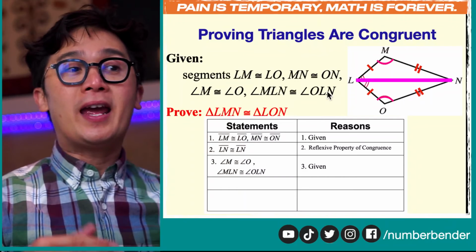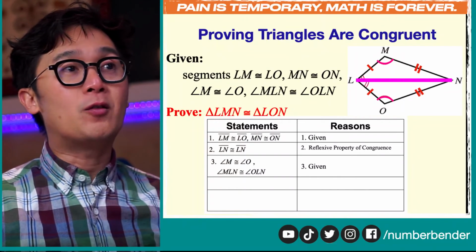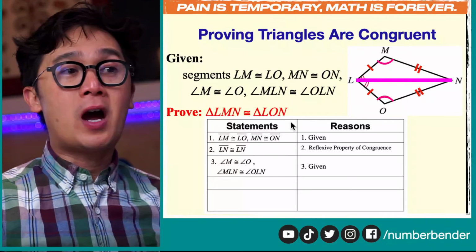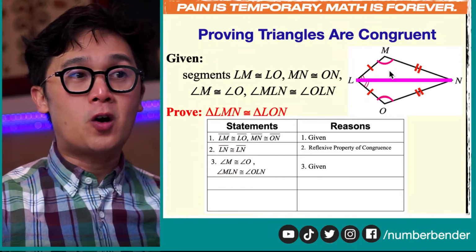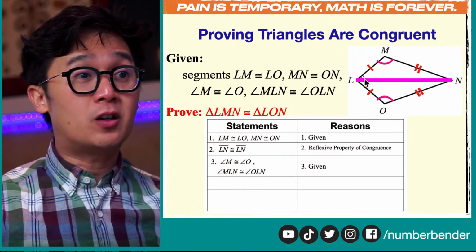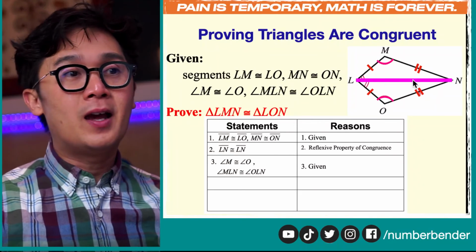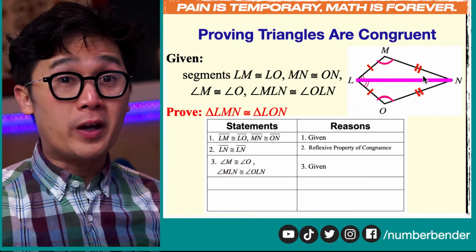And now that we established lines 1, 2, and 3, we can now move on and work with this little angle right here, because we know that these two corresponding angles are congruent because it's given. We know that these two angles are also congruent because it's given. So how are we going to know that these two right here are also congruent?